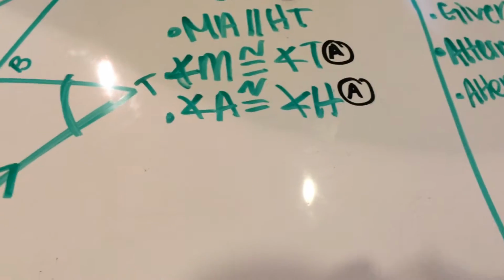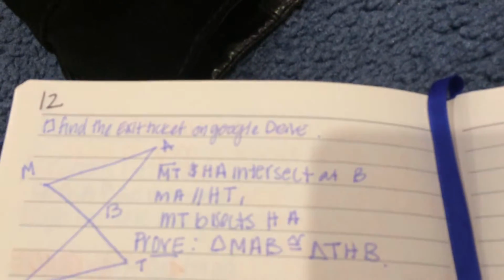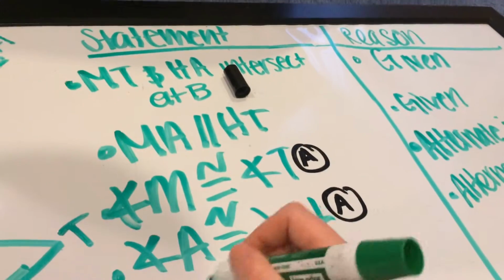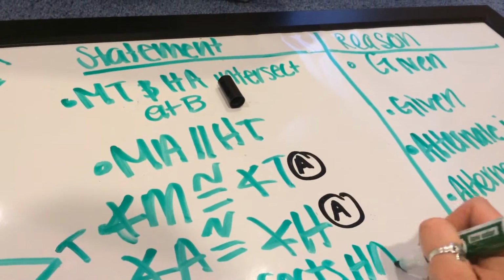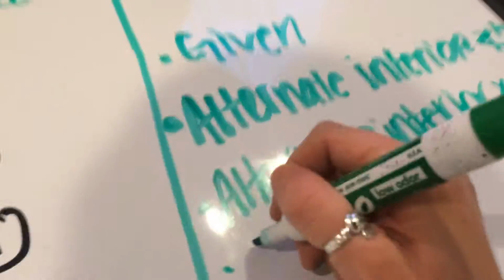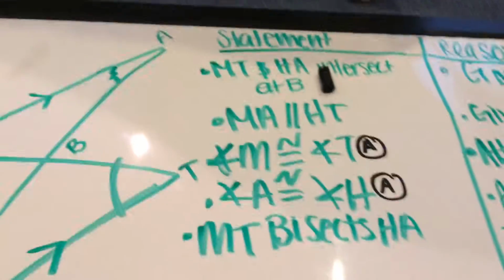But now, we can't get anything else out of that given, so let's look at one of our other givens. MT bisects HA. Beautiful, it's a given. Now we learned about bisecting today. Bisect means it's cutting in half.